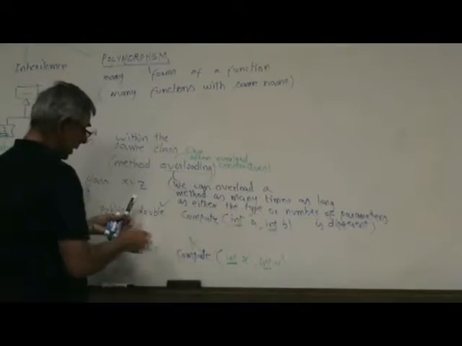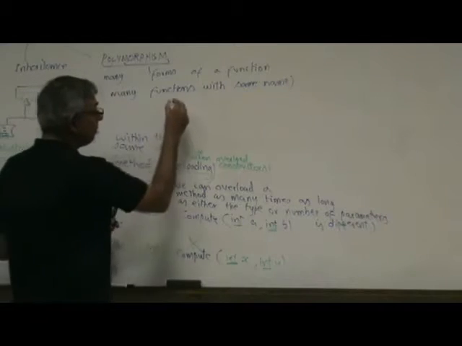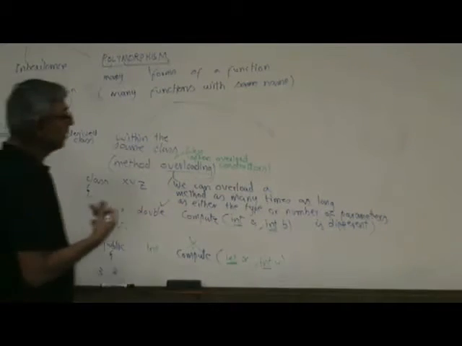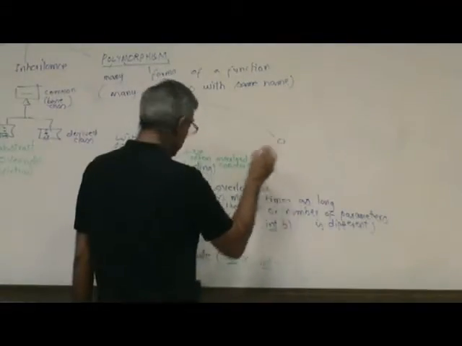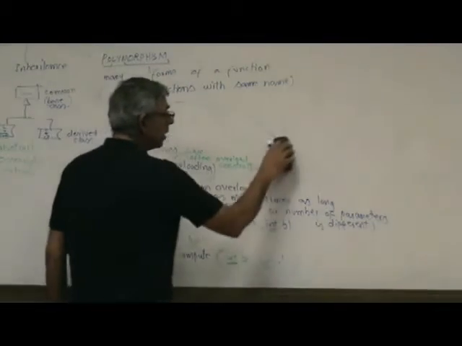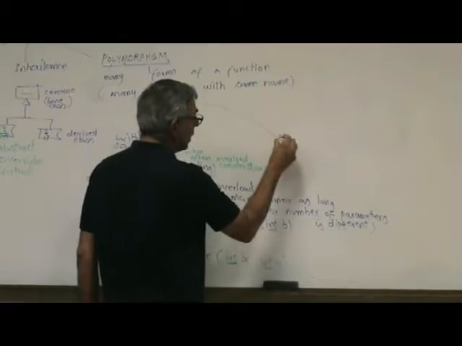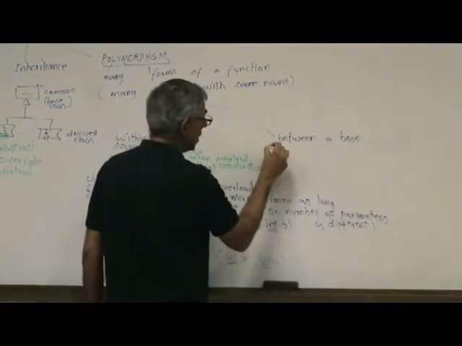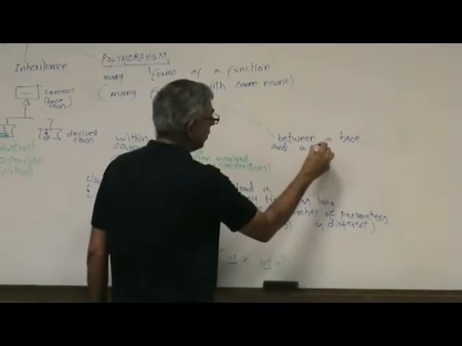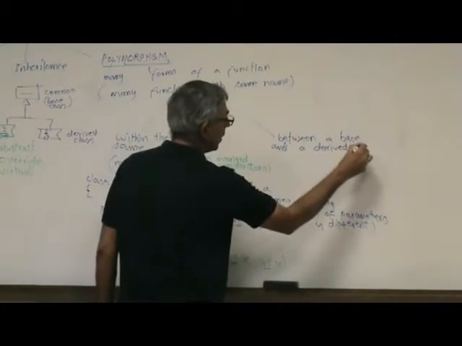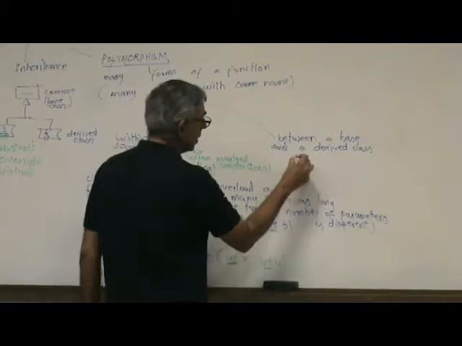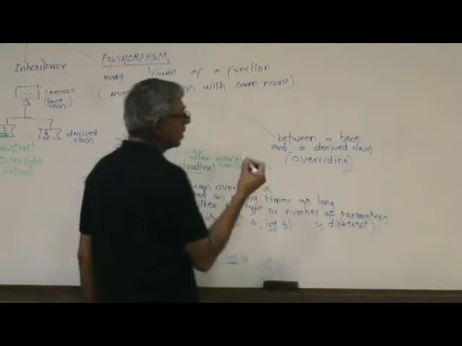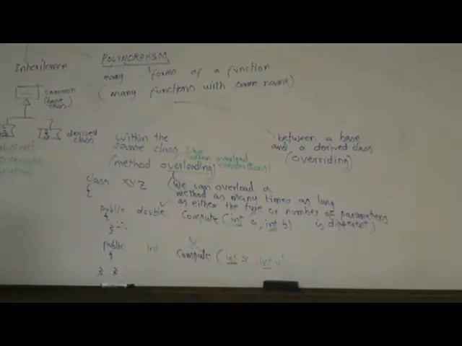Now let's take a look at the tricky form of polymorphism, or the more useful form of polymorphism, and that occurs when we are between a base and a derived class. And this is called overriding, basically. So it occurs whenever we run into overriding. Okay.